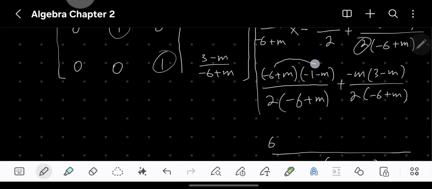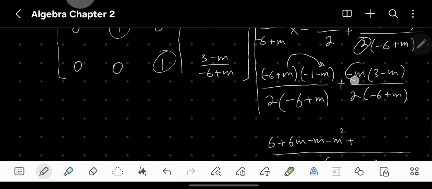Then I'll multiply minus 6 by minus 1, minus m. That means again minus minus plus, so I will write plus 6 times m. Now I multiply m with minus 1, so I will get minus m. Now I multiply m with minus m, I will get minus m square, okay?